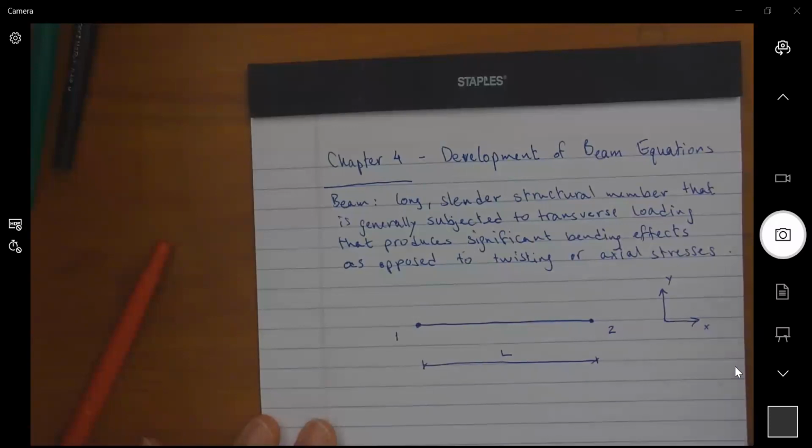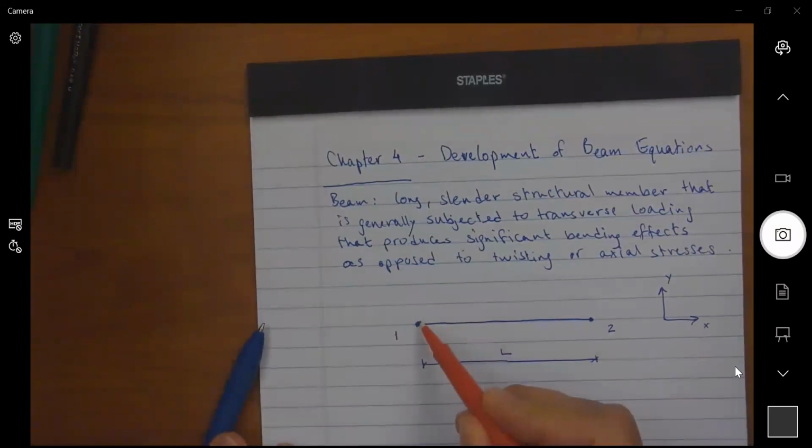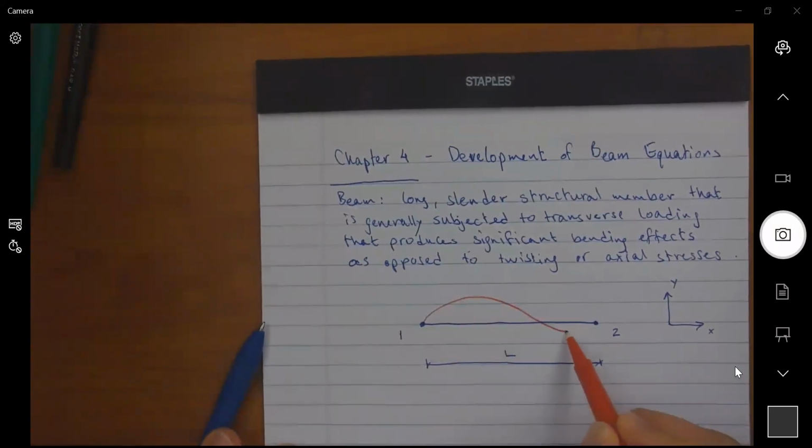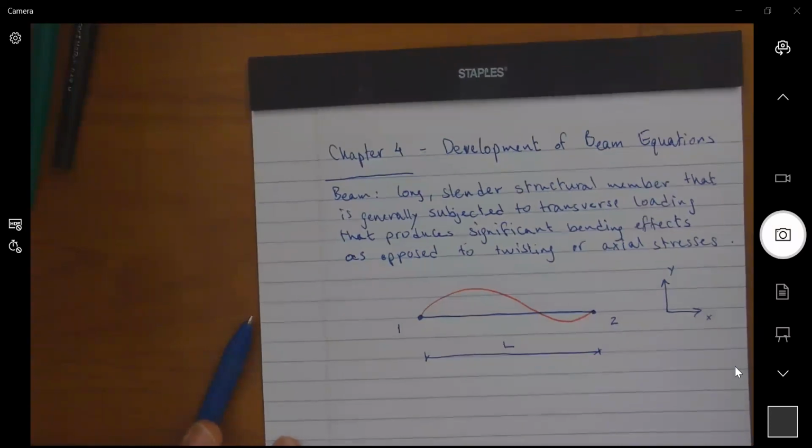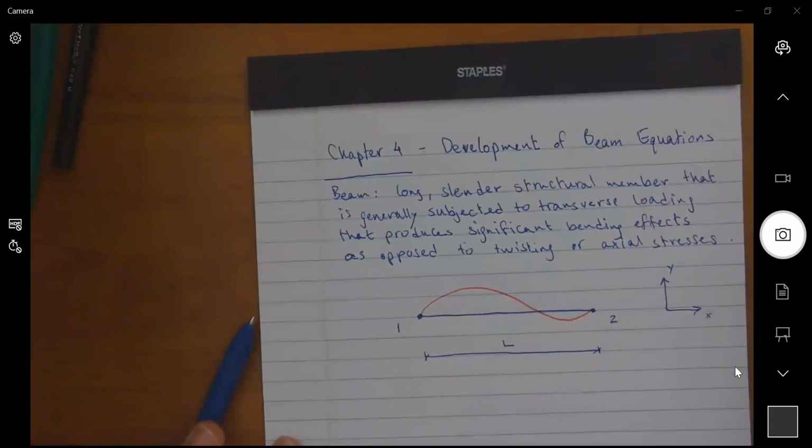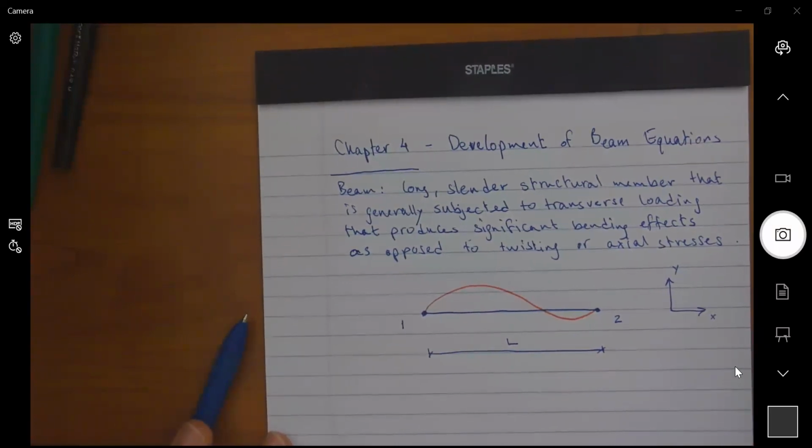You can think of these as local axis. So the x-axis is oriented along the axis of the beam. How many degrees of freedom do we expect to see? Like when this goes in bending, it can deform something like this, depending on the loading. So how would I describe degrees of freedom at the nodes?